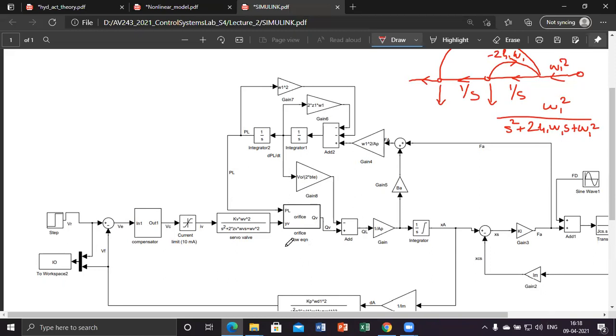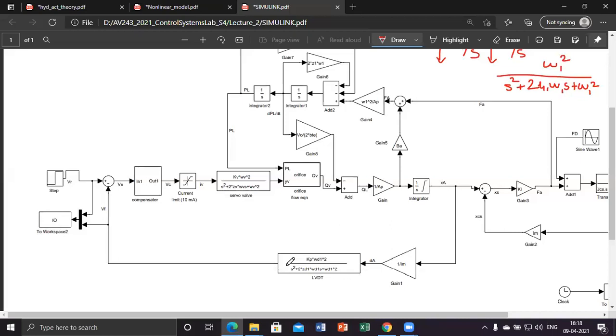And finally, there is a linear block also. This is the explanation of the nonlinear block. And there is a corresponding linear block also. I will show that also.